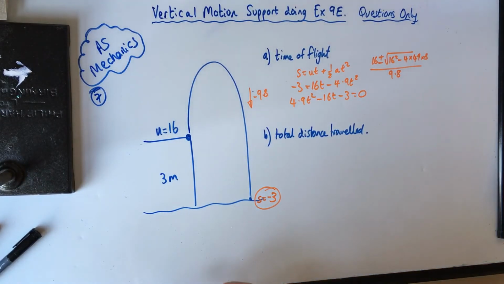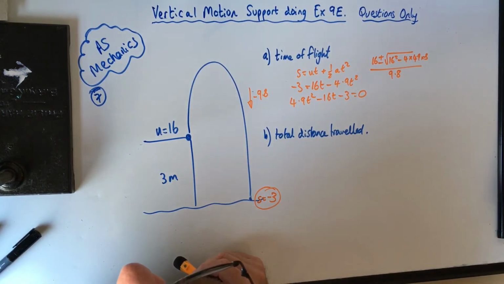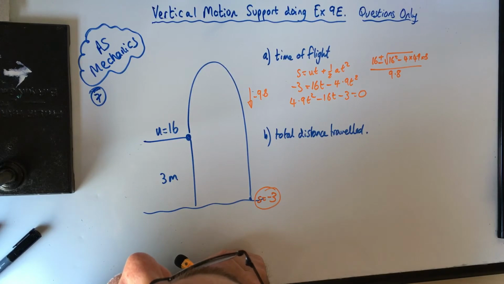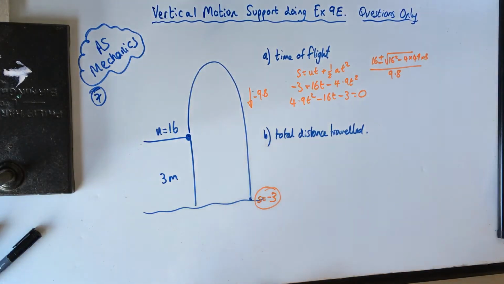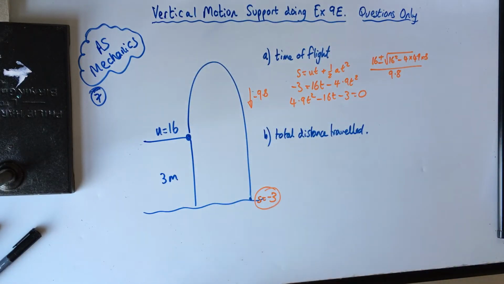When you put that in, I'm seeing whether I've worked that out. Yeah, I haven't worked that out. So you can work that out. You'll get the time of flight. You want the positive one for that.